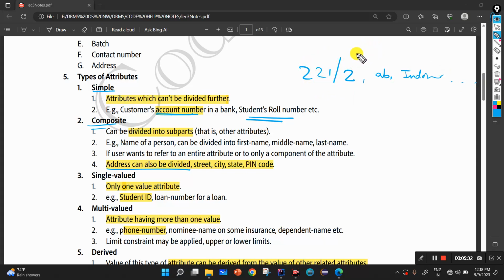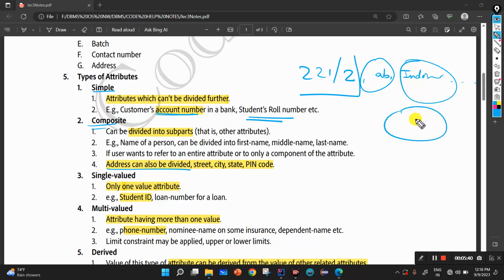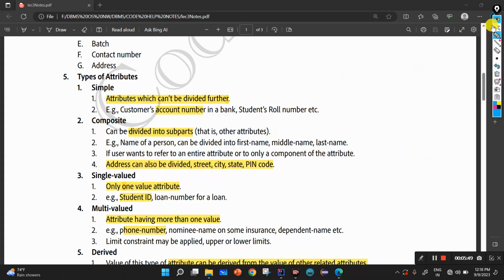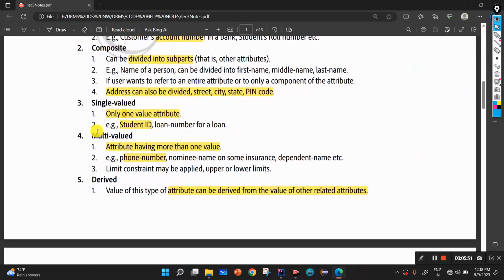This is the street, this is the city, and if you write MP, it is the state. This is the pin code. So address can be divided.